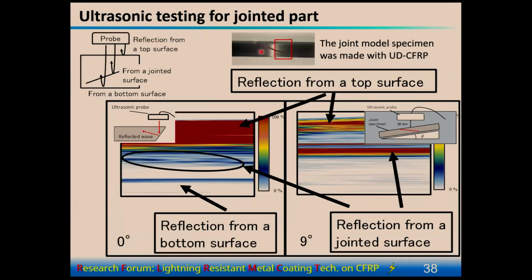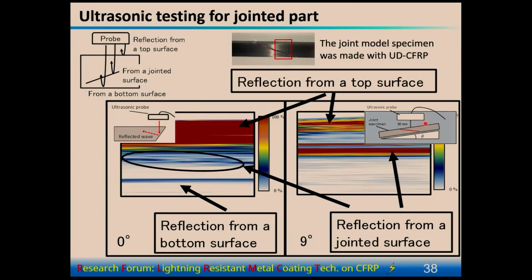Firstly, we make some model specimens like this one. This is the joint part. If we just put the ultrasonic probe on the surface, then this is the result. These are the reflections from the bottom surface. But if we want to monitor the ultrasound from the joint, we cannot see it if we just put the probe on the surface.